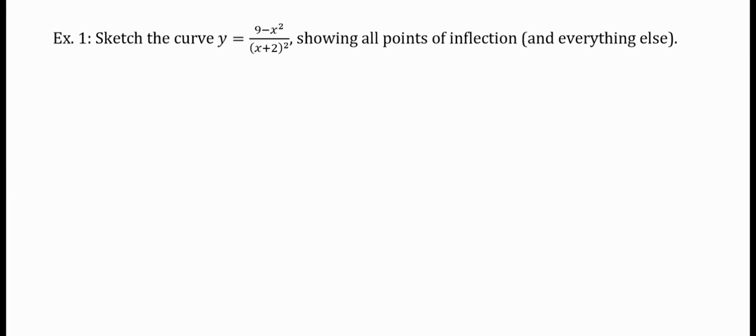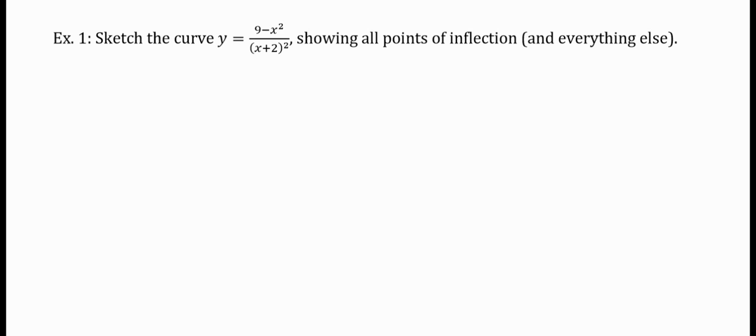All right, so we're just going to try to get through 2 sketches. Notice how it doesn't actually say using concavity. It says showing all points of inflection. So that means we have to find the points of inflection, and if you recall, that is where concavity changes from up to down or down to up. And everything else, including critical values.